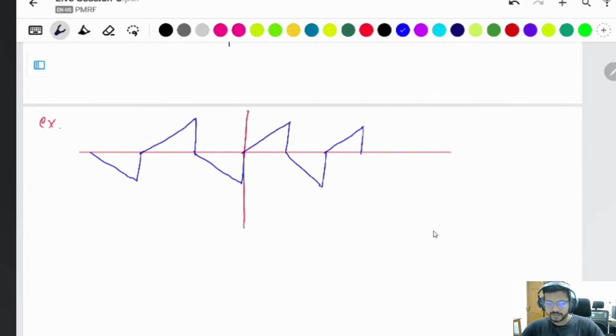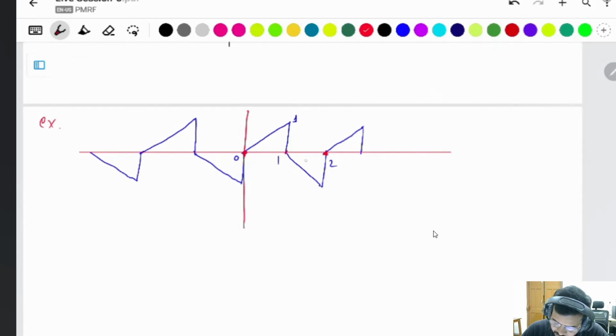What is happening in this case? Same 0, 1, 2 and 2, magnitude 1. This is the periodic signal. Yes, periodic signal. The period is repeated from here. Time period is 2.